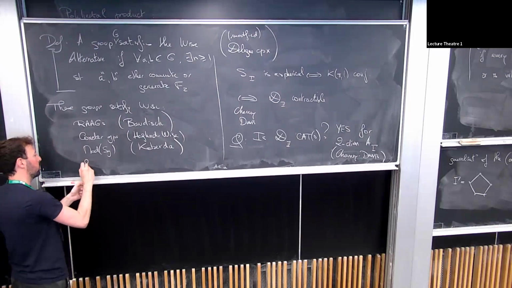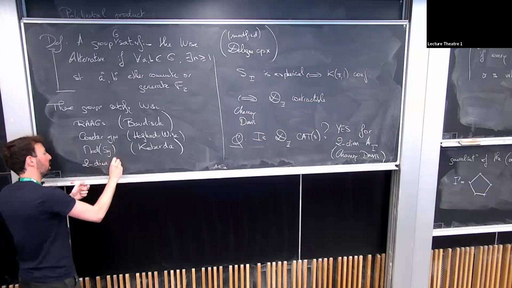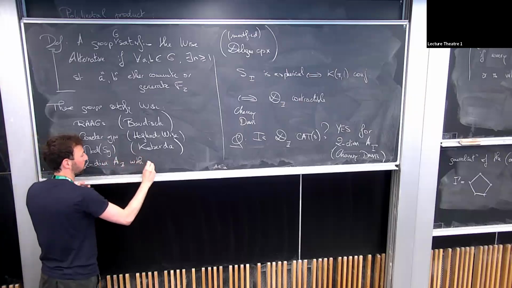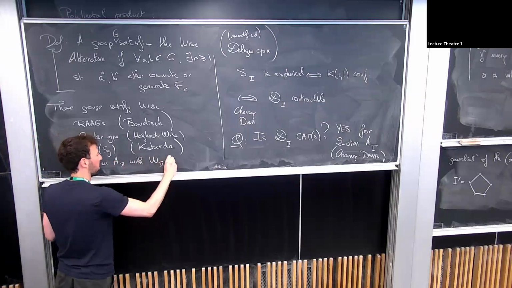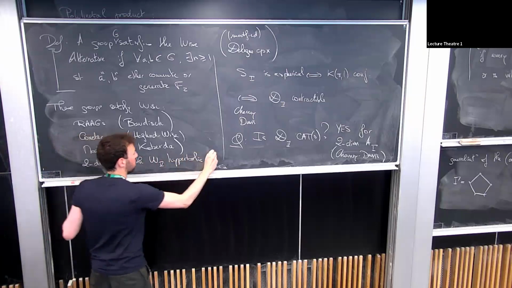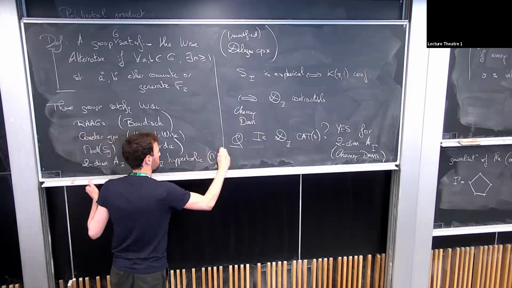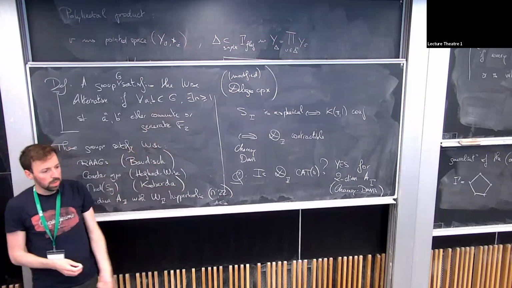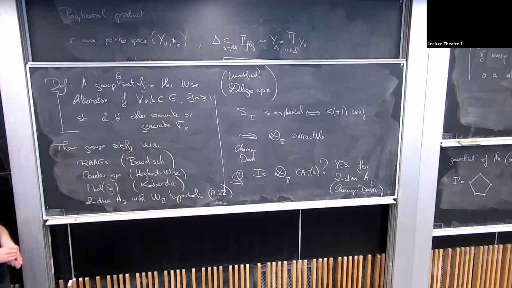So two-dimensional A gamma, I'm just going to put with hyperbolic Coxeter group. And this is due to myself. And again, you really prove this by understanding how these groups act on their Deligne complex. So you see here lots of nice non-positively curved groups and groups I guess people care about.